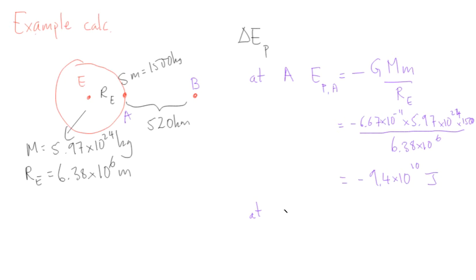And if you plug in the numbers, do the same thing at B, but this time the radius is the radius of the Earth plus 520 kilometers.